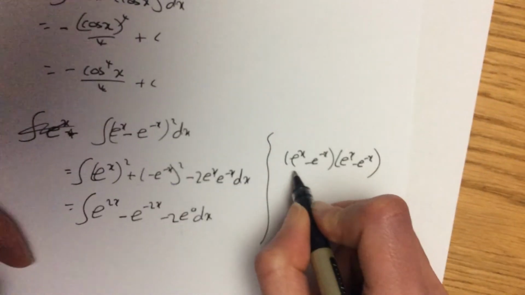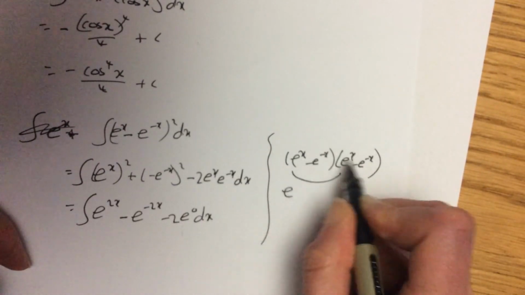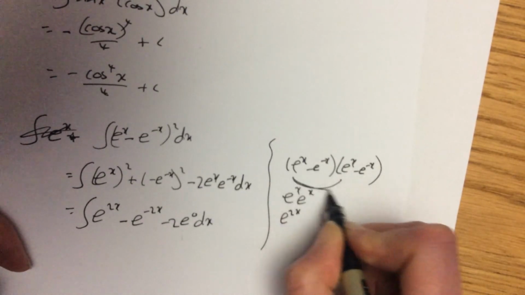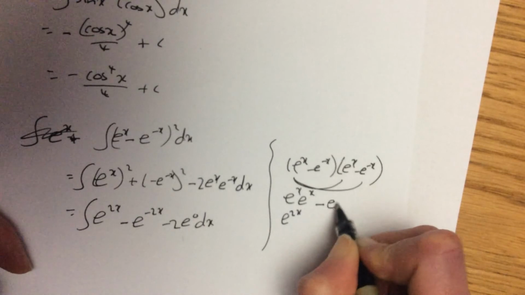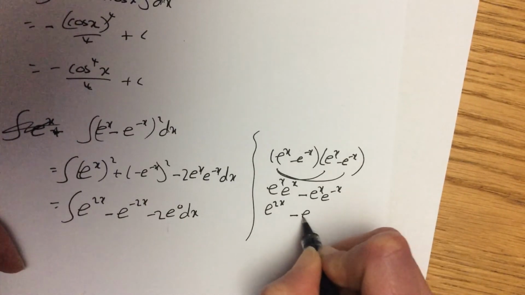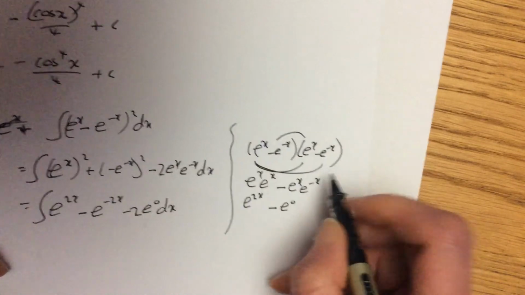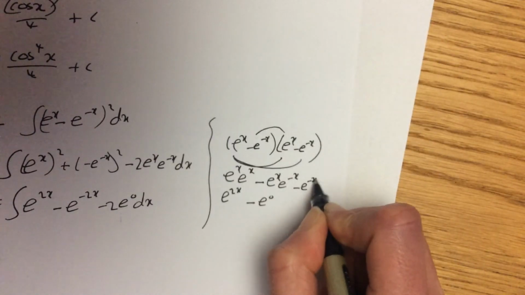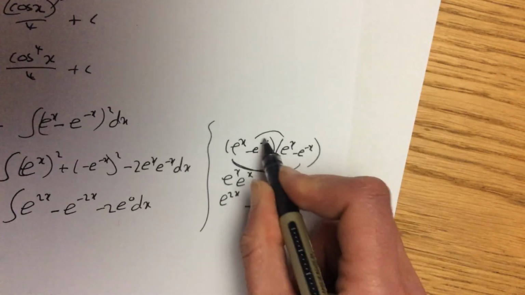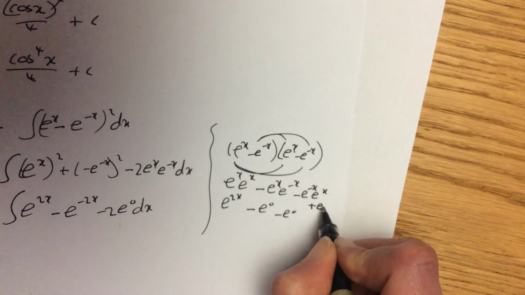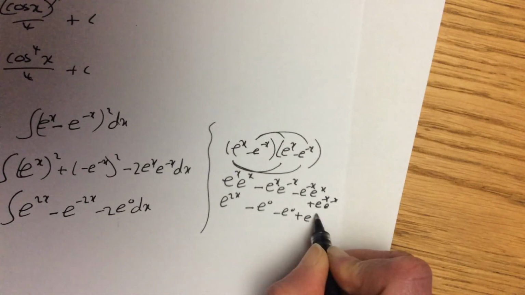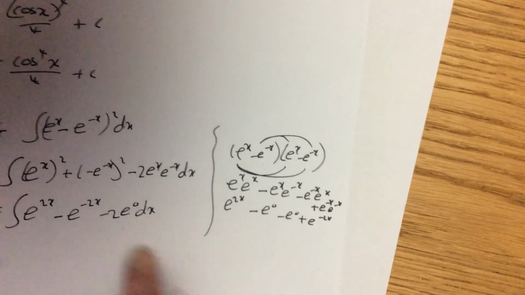If you decided to times them out, you have e to the x times e to the x, add the powers. You have minus e to the x times e to the minus x, add the powers, then times through that one. So it's minus e to the minus x, e to the x, so e to the 0, and then do the last two, plus e to the minus x, e to the minus x, which is add the powers, e to the minus 2x, so you get the same expression.